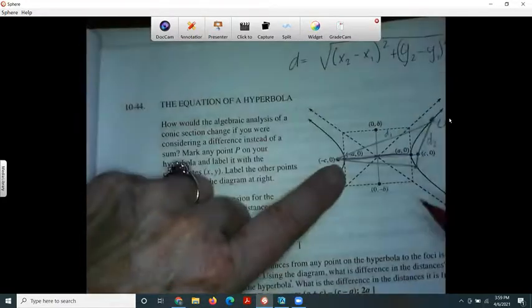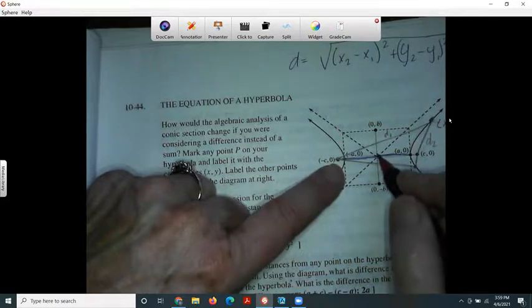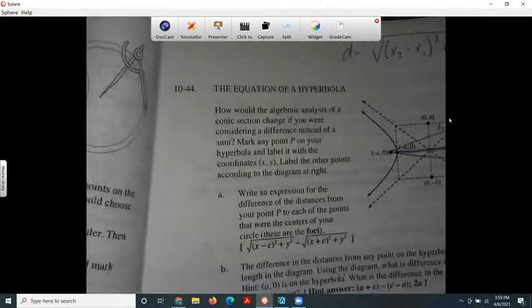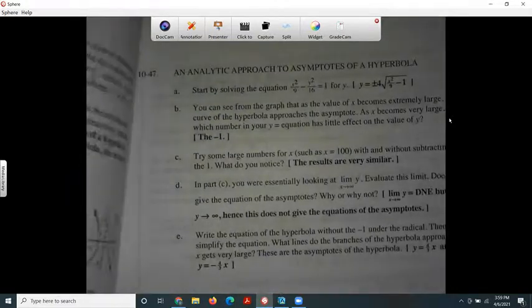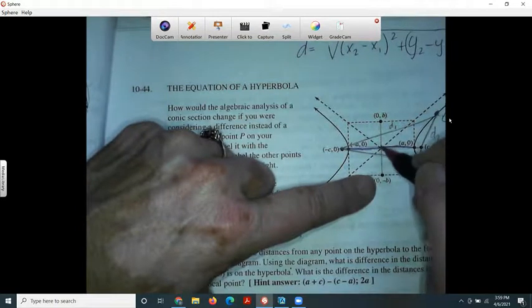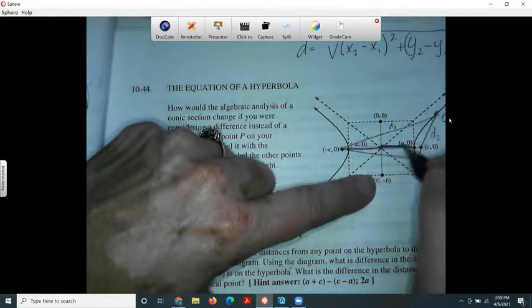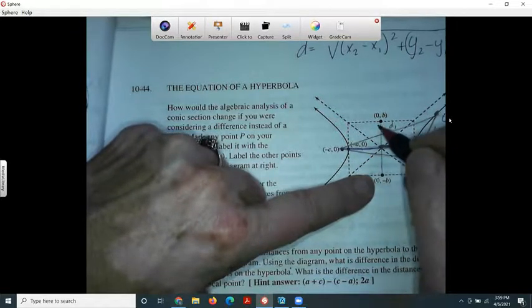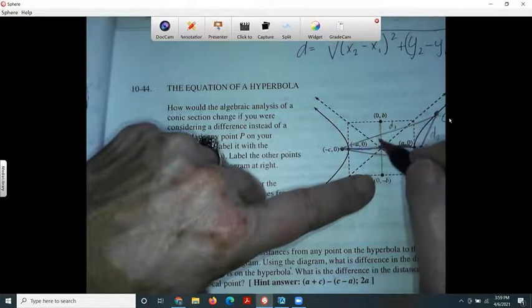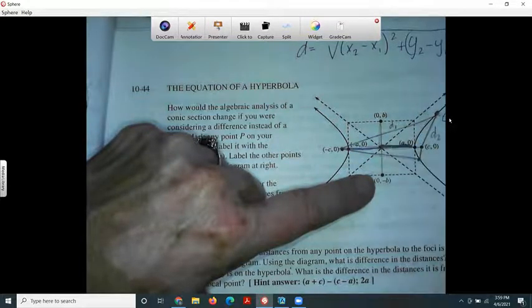This is A. From here, see that dark, dark, dark line? That's A. And then this height right here is B. But that's the same height as this height over here too, isn't it? That's B. And then what is C? Well, C is the distance from the center to the focus.